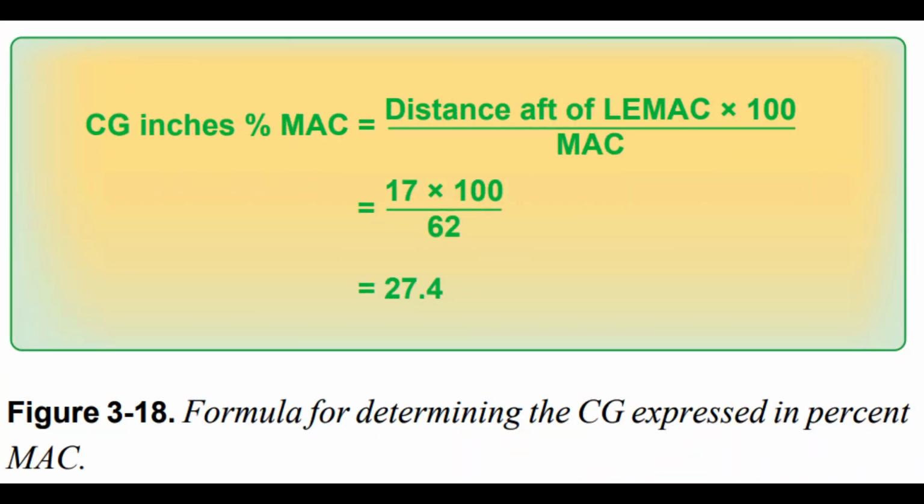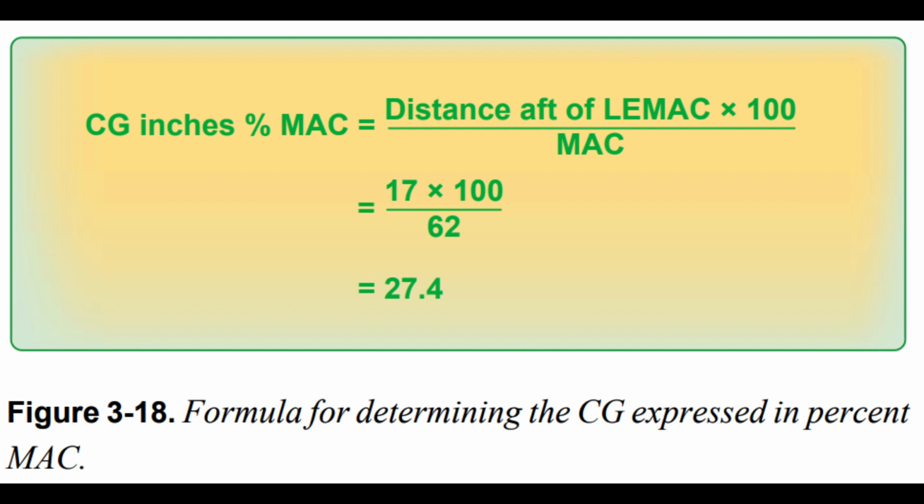The location of the CG expressed in percent MAC is determined using the formula found in Figure 3.18. The CG of the airplane is located at 27.4% MAC. It is sometimes necessary to determine the location of the CG in inches from the datum when its location in percent MAC is known.